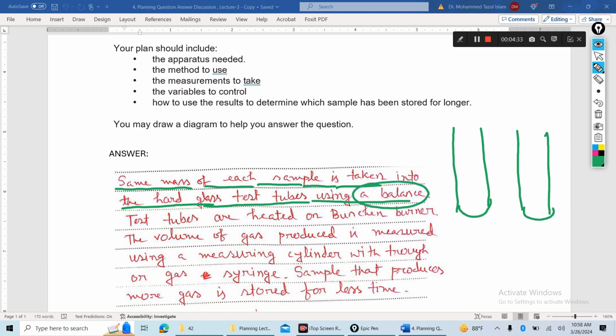Using a balance, you take the same mass, say 2 gram, of every sample. In your own words, using a balance, a known mass of each of the two samples is taken into two different hard glass test tubes.